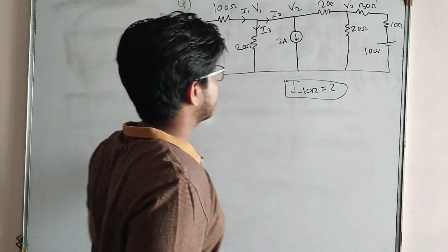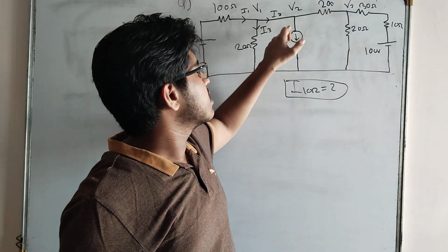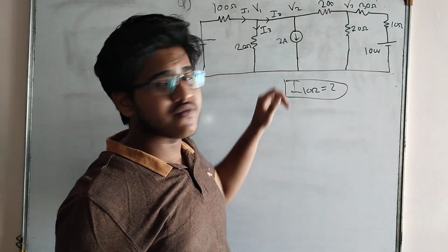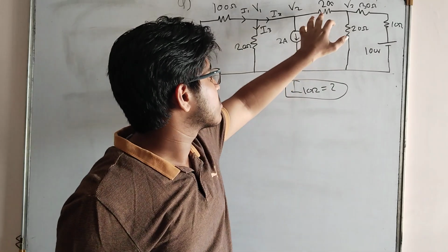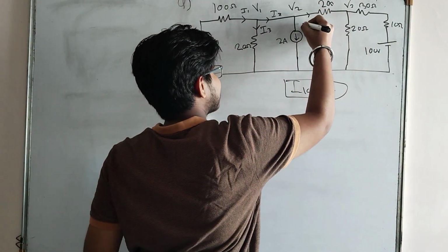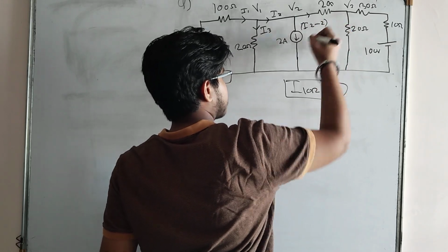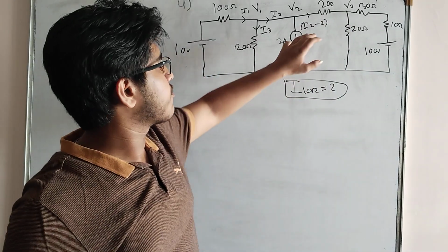As we all know the KCL law, I2 is flowing in this branch and 2 amps is coming out from that node. So the current through this remaining branch, I will call it I2 minus 2. Okay, this is a point to be noted.